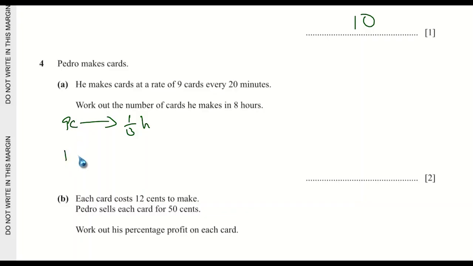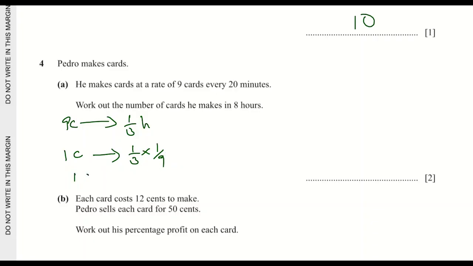Then for 1 card, C represents card here, we need 1/3 and we divide by 9. When we divide 1/3 by 9, it is the same as multiplying by 1/9, which gives 1/27.